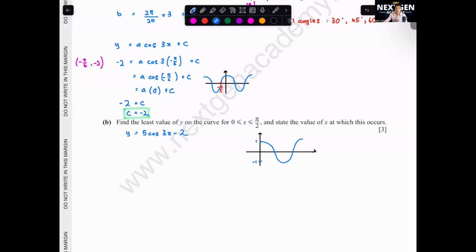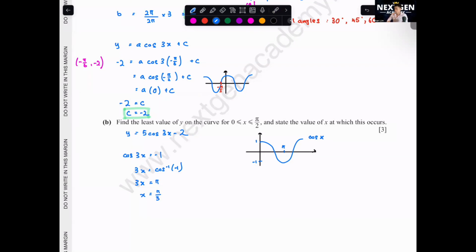Is that negative 1? Originally, it is at pi. So now we just take cos 3x equals negative 1, because this is based on cos x itself. Then 3x is equal to inverse cos of negative 1. Where is it negative 1? When you inverse, it is at pi. Therefore, 3x is equal to pi, x is equal to pi over 3.